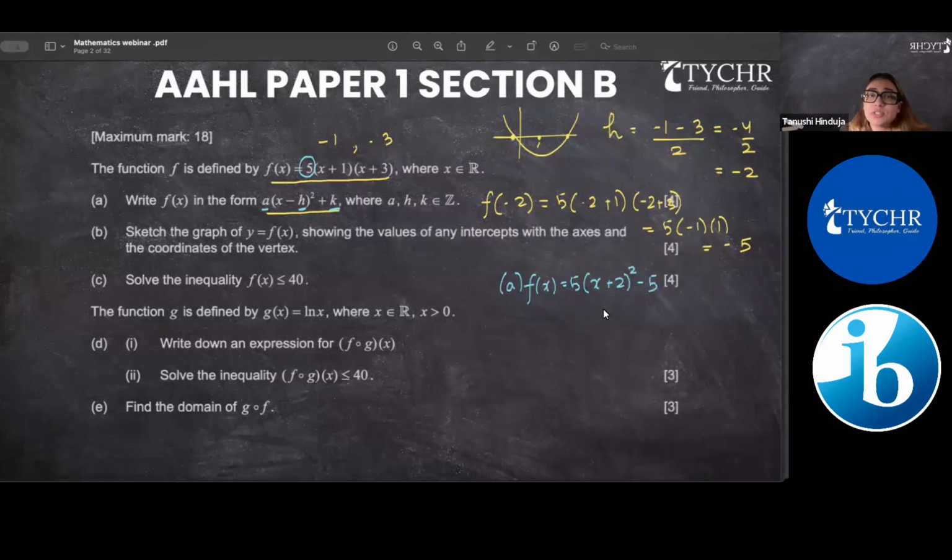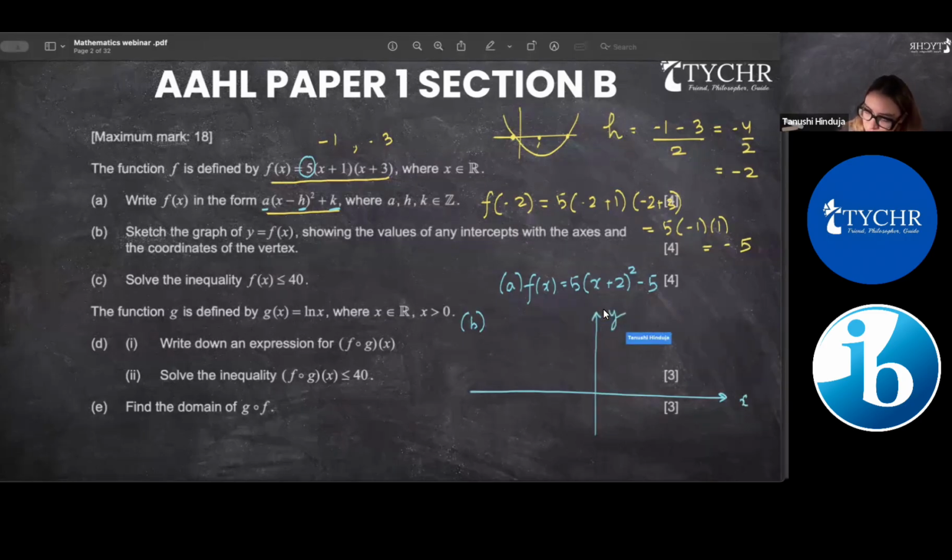The B part is asking us to sketch the graph, and since it's AAHL paper 1, we don't have the calculator. So we'll be marking all the roots and the vertex on the xy plane.